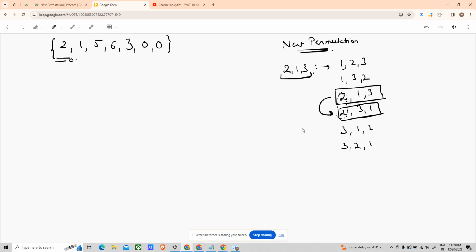I'm trying to draw inference here. Let's consider Ram and Sham a problem.